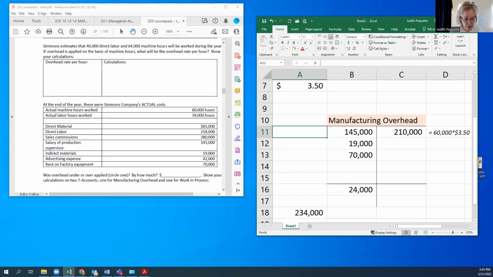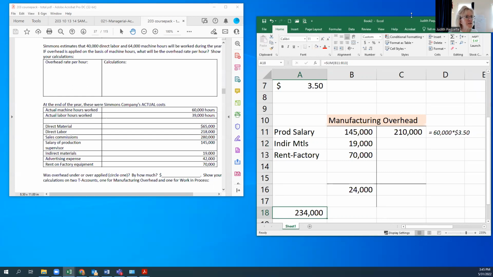So the production salary, the indirect materials, and the rent, but only for the rent for the factory. Those are actuals now, and that totals up to 234,000. But we have to figure out what we've applied to job orders.